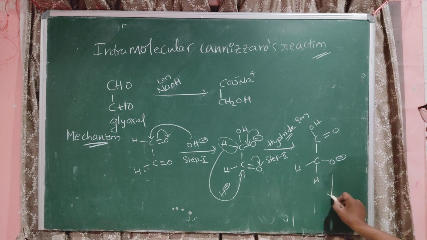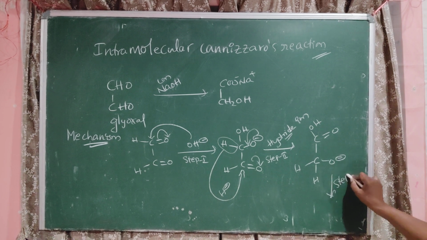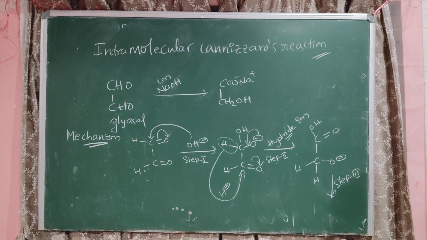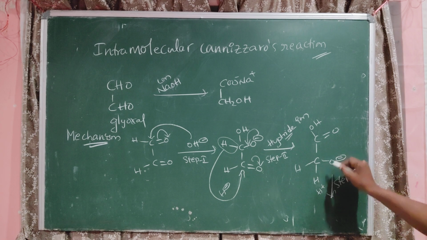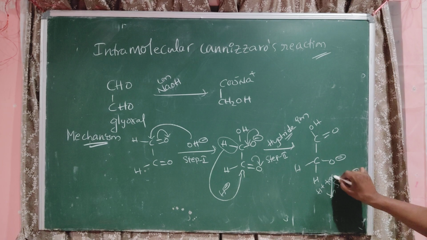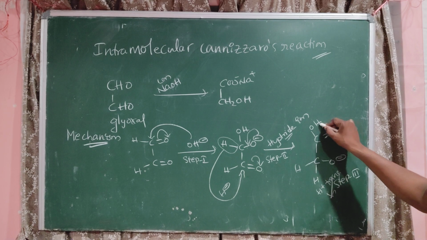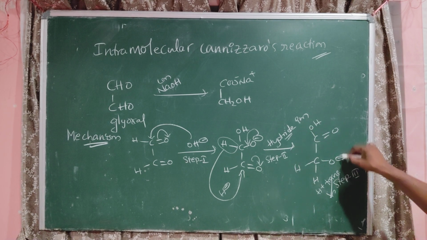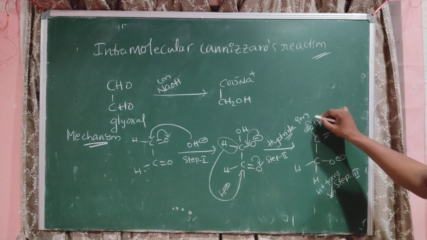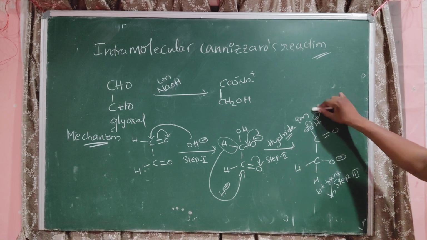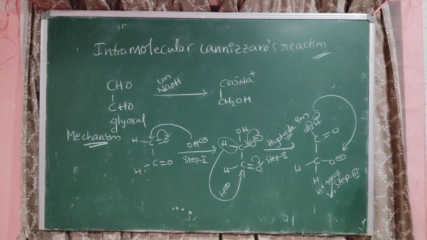In the third step, proton transfer takes place. The proton from the acidic group is transferred to the negative side. So these electrons migrate here, it acquires a negative charge, and the hydrogen gains a positive charge and is transferred internally to the negative oxygen.